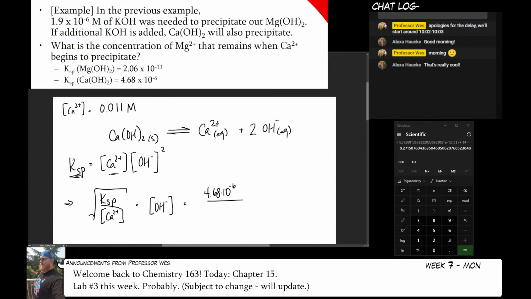And then our calcium concentration was 0.011, square root. So 4.68 times 10 to the minus 6 divided by 0.011, square root. One sig fig is what we get here. So you can see that's way more concentrated. That's like pH 12.